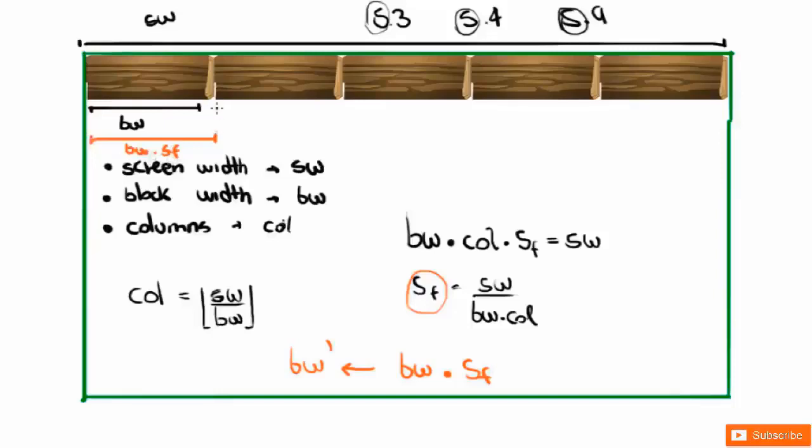And since this block ends up here, we're going to start this second block later as well. So it's going to move even further. And if we do this 5 times, or the number of columns, we're going to end up having the last block ending at SW, which is here, and SW is of course the screen width.